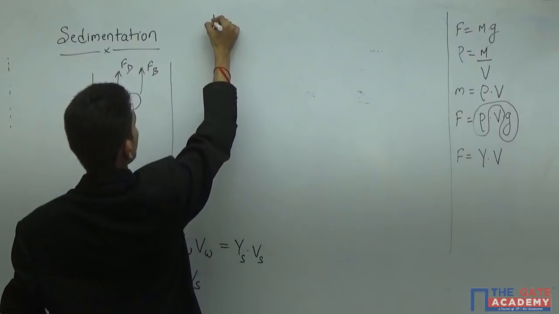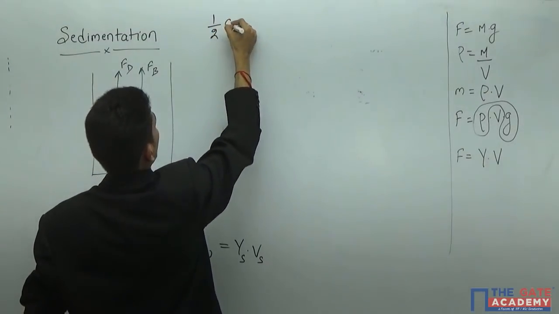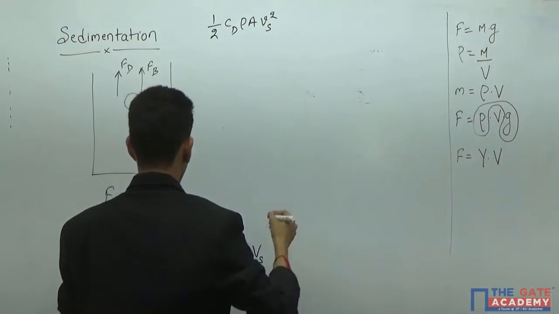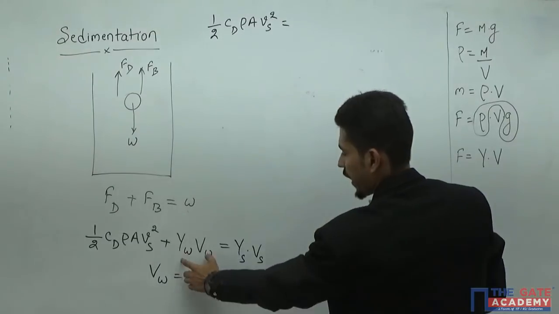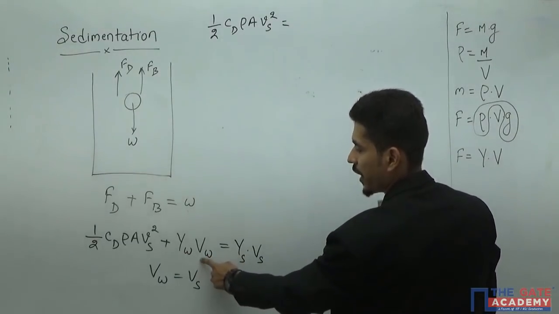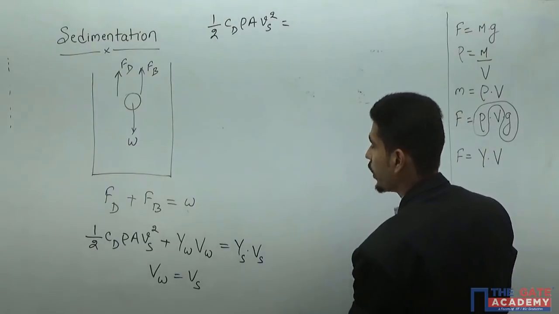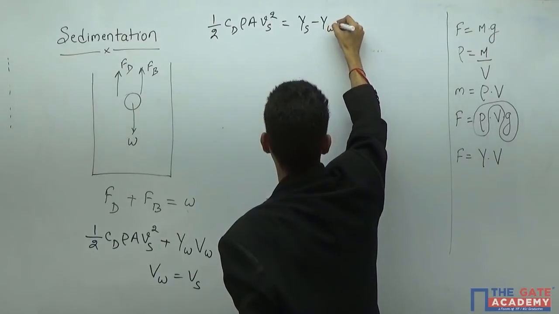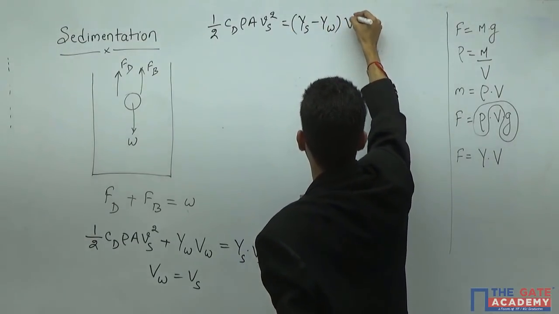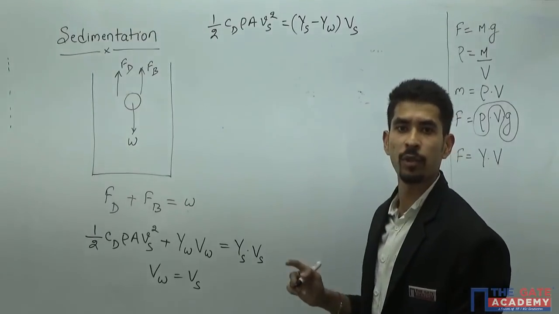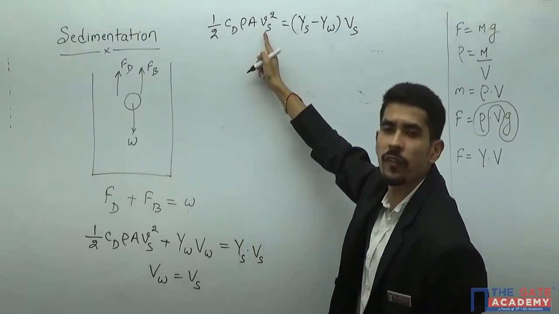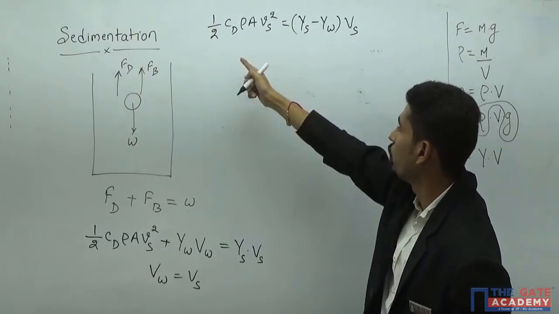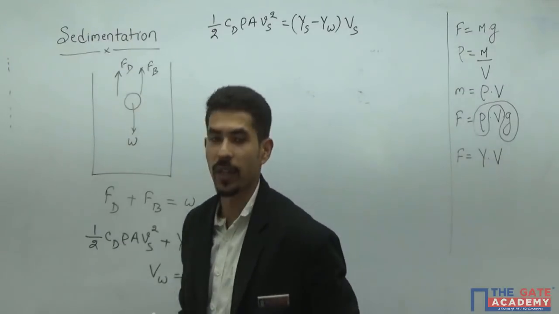The equation becomes half CD rho A into Vs square is equal to, taking the volume common, gamma S minus gamma W into volume of solid. Please note, I am using two different V's here: small v for Vs, the settling velocity, and capital V for volume. So we got this kind of expression.